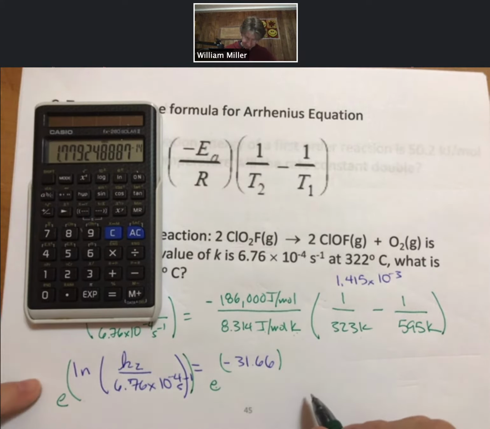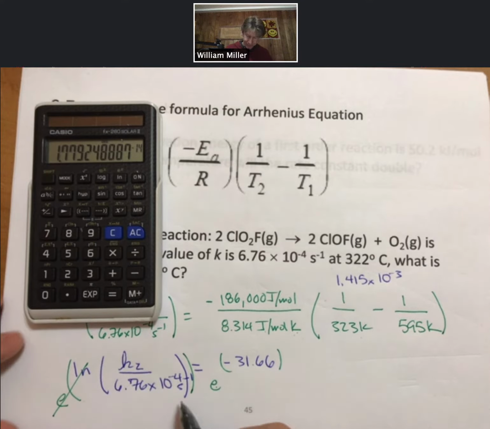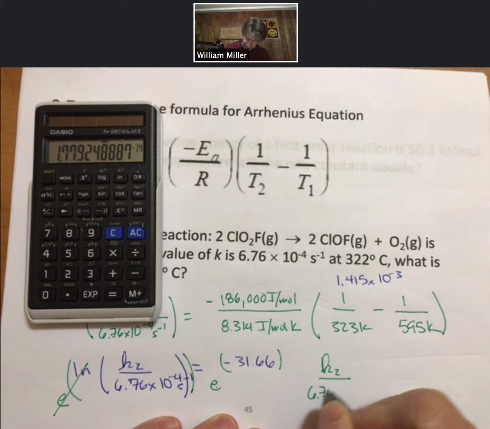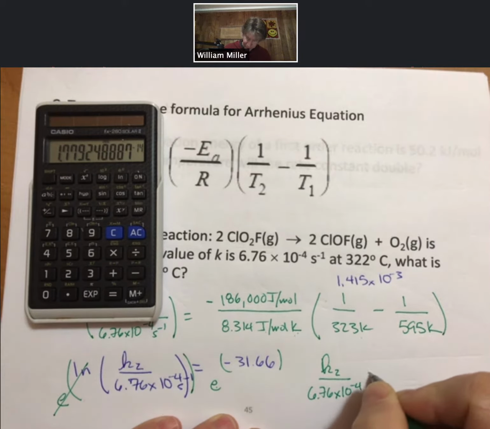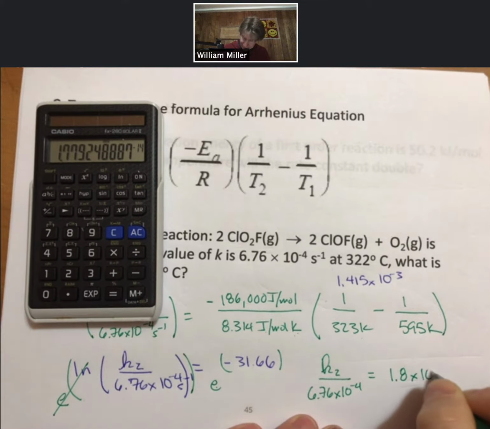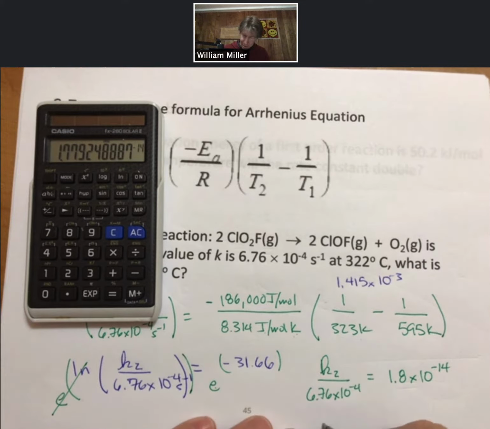So now these two cancel. I'll be left with K2 over 6.76 times 10 to the minus 4th equals 1.8 times 10 to the minus 14. Multiply these two to find K2.